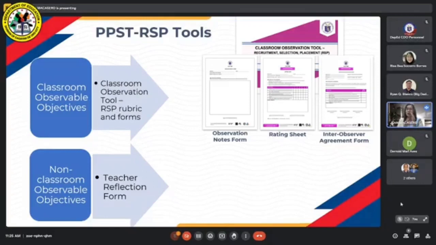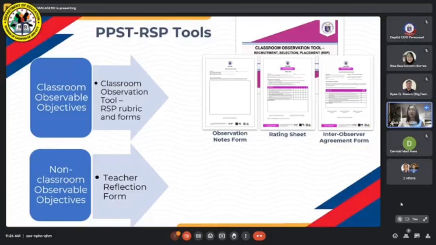We will be using this one, excuse me. The inter-observer agreement form will be used because gone are the days that we just get the average. This time, we will convene and have a deliberation on our rating. And we will use this sheet, the inter-observer agreement form.